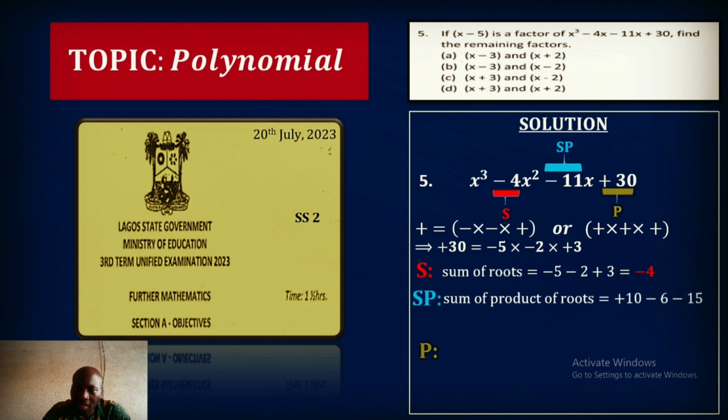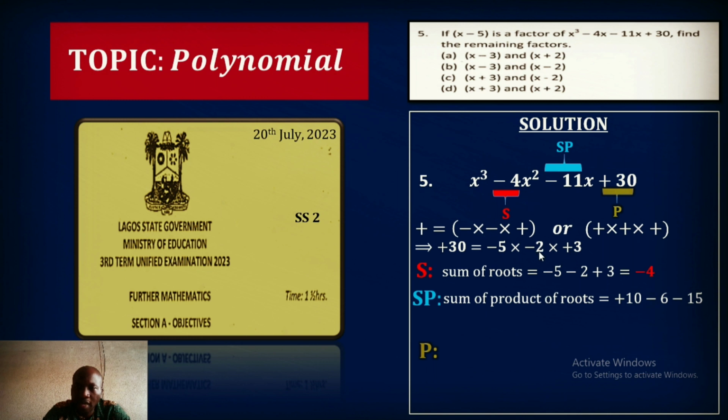The next line here is the sum of products of roots. So what we are going to do to get the sum of products of roots is to multiply the very first two factors. Minus 5 times minus 2 will give us plus 10. The next thing is to add that result to the multiplication of the last two.